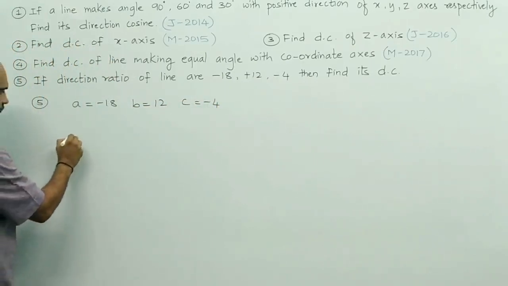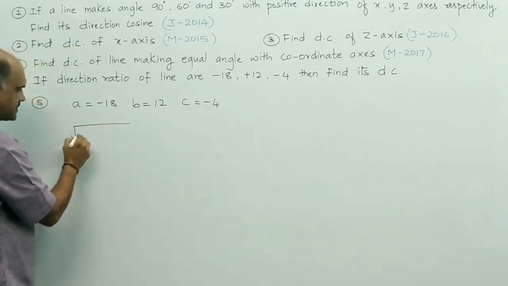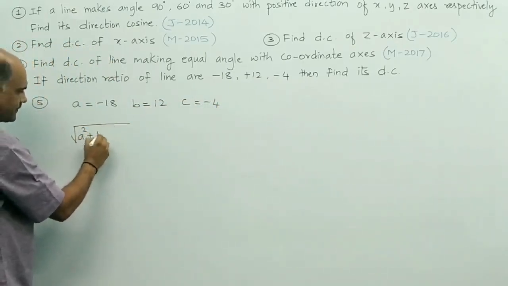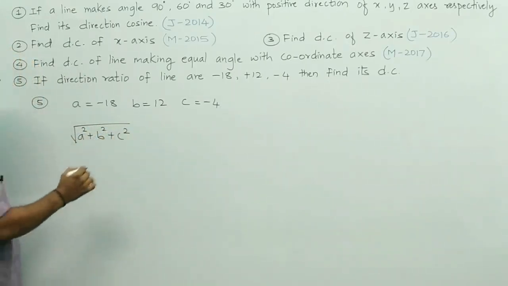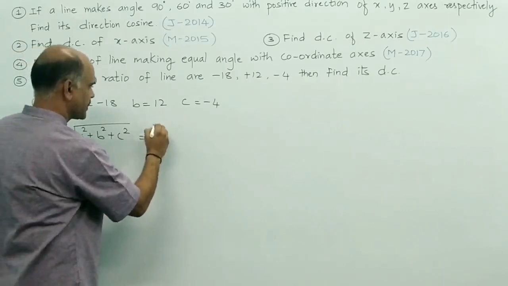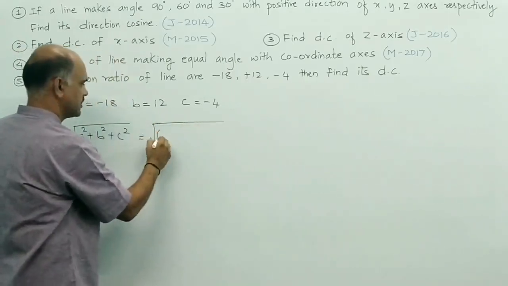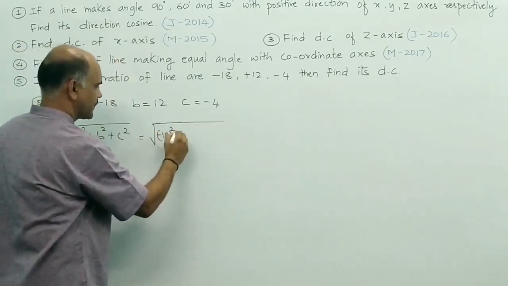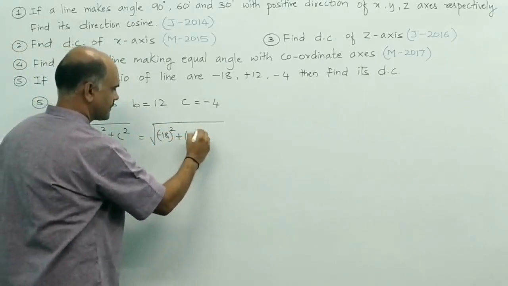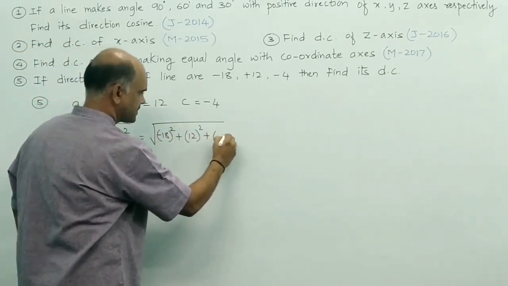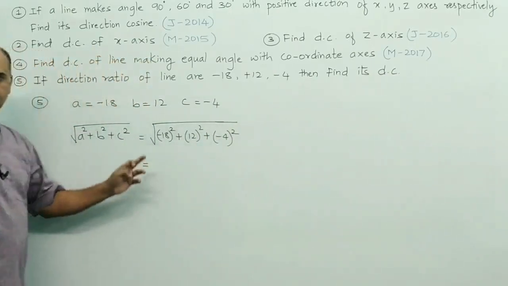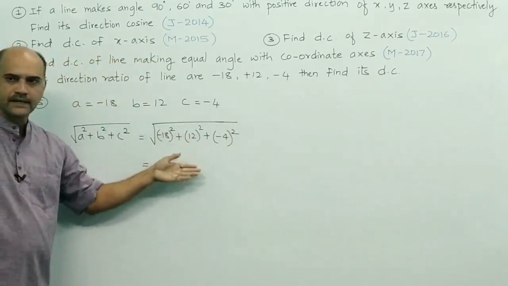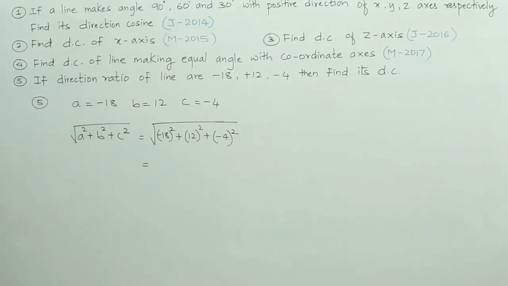So first I will find the root of A square plus B square plus C square. So root of minus 18 square plus 12 square plus minus 4 square. Now take these squares, add and then find the root.